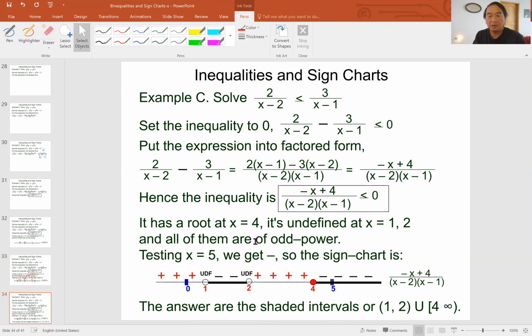So therefore, for the answer, remember, go back to the problem: which signs do we want? You look at the problem, it's less than or equal to 0, therefore I want the negative ones. So these portions.